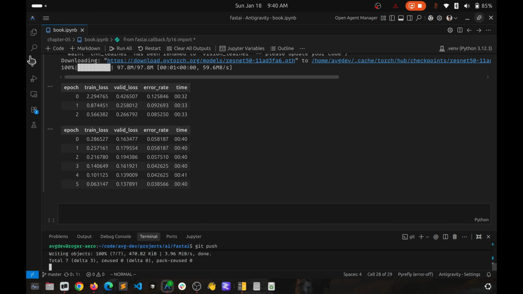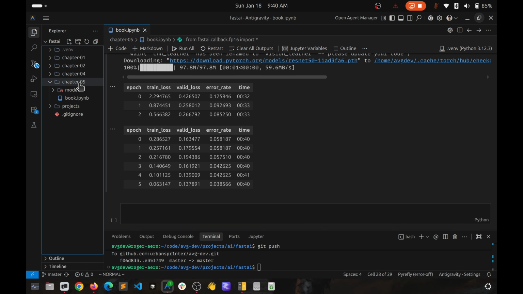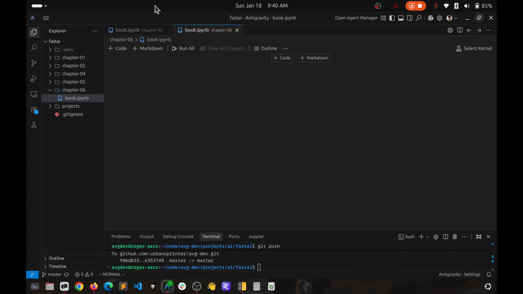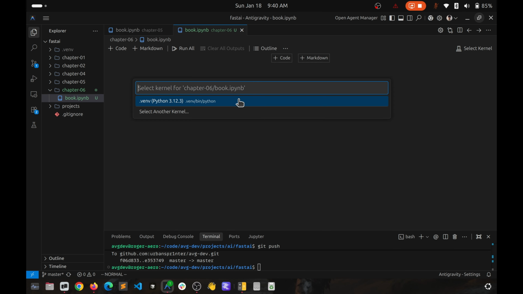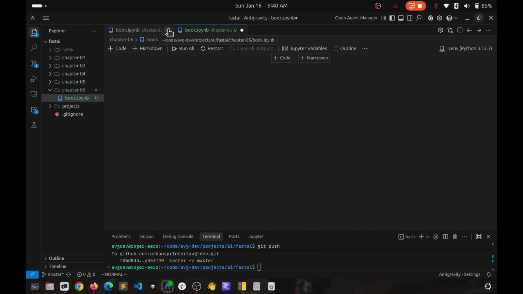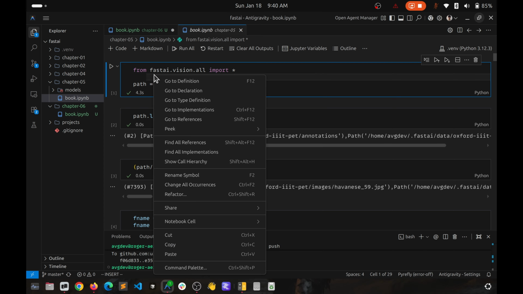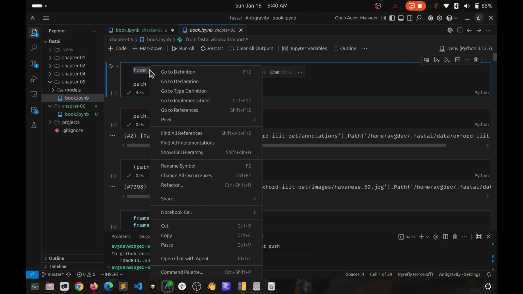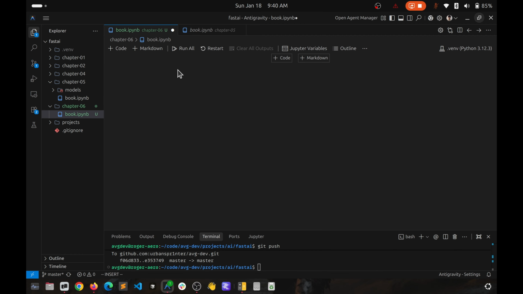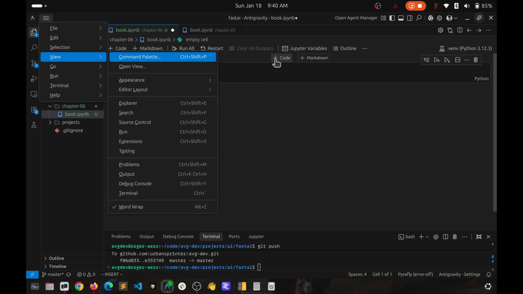Okay, now it's time to create the new book chapter 06 book.ipynb, and then let's select the kernel, and then I guess we have to import stuff always, right? So just import that, since we're still working with vision related tasks.